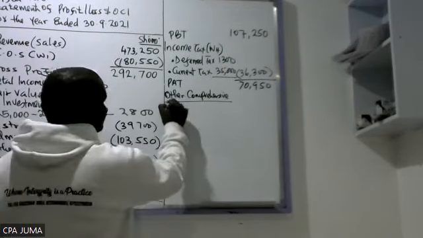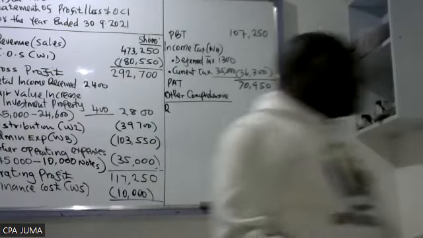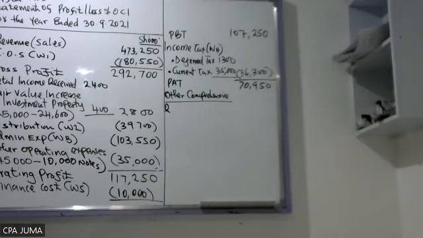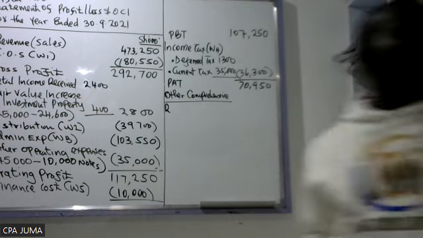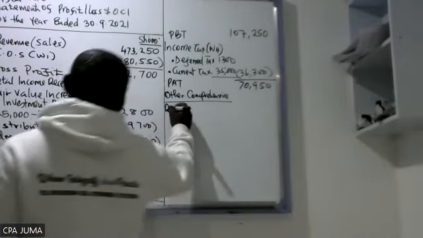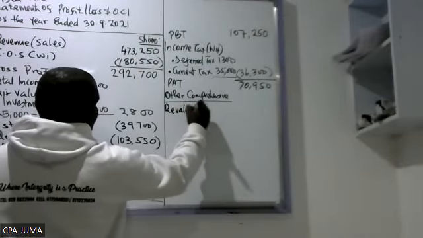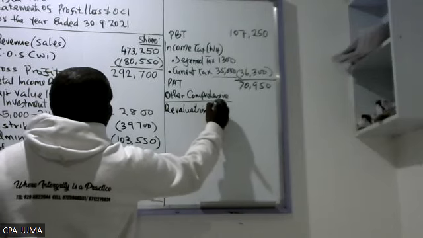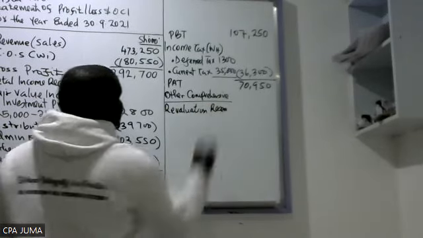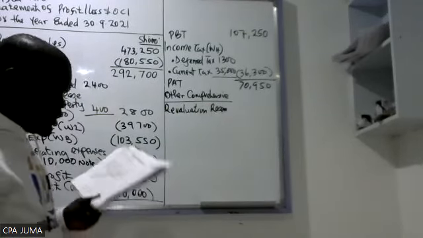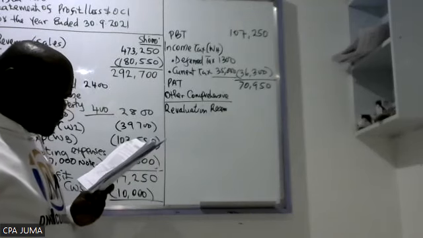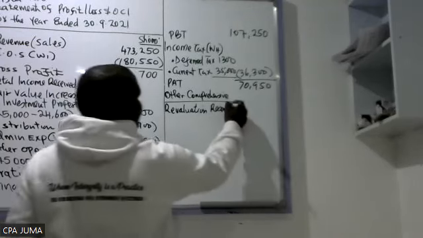So there is revaluation reserve, which your eyes can capture, is 21,000 somewhere here.